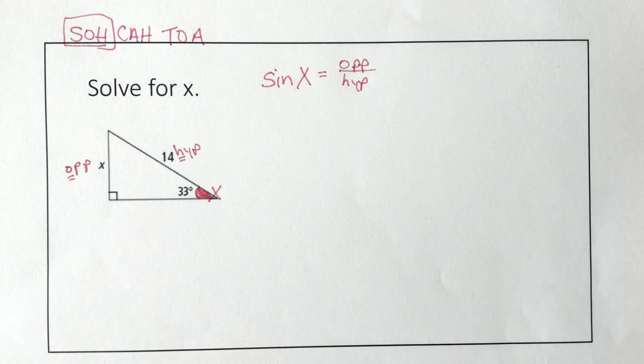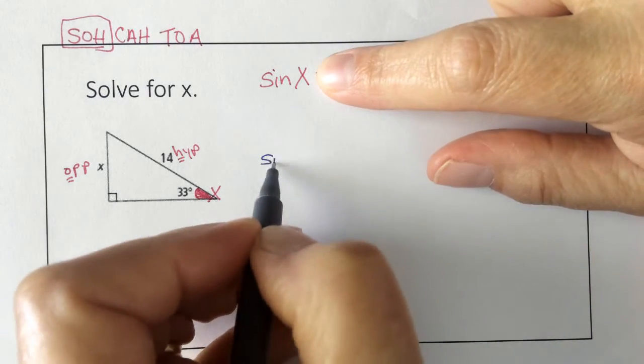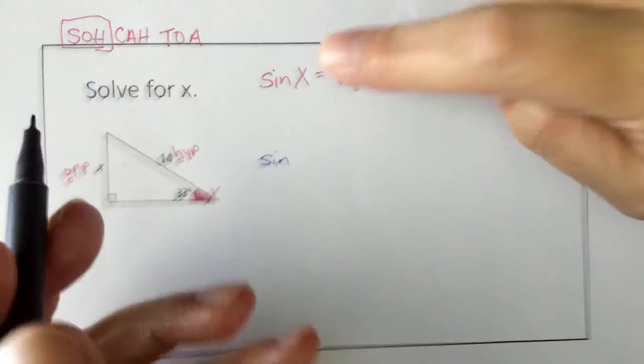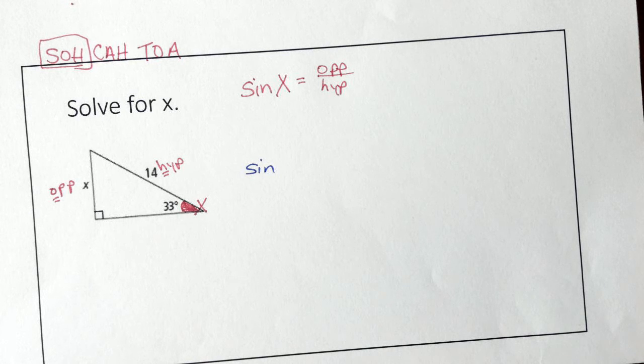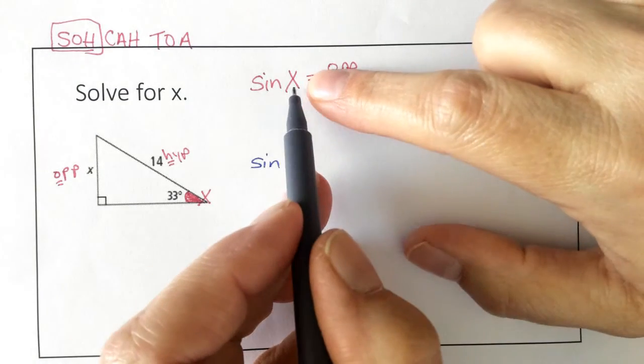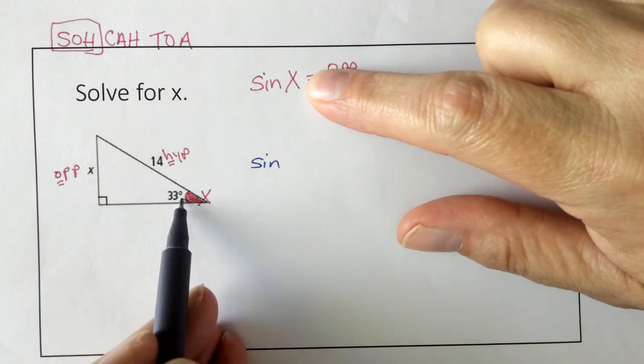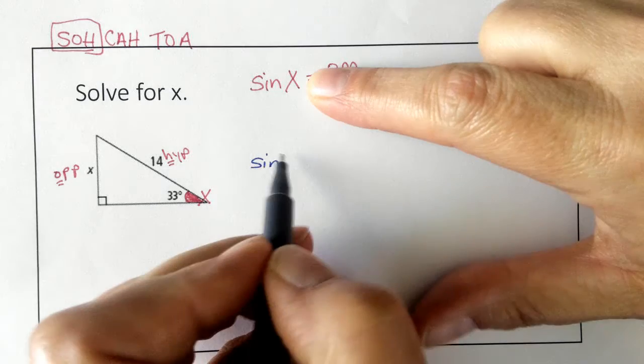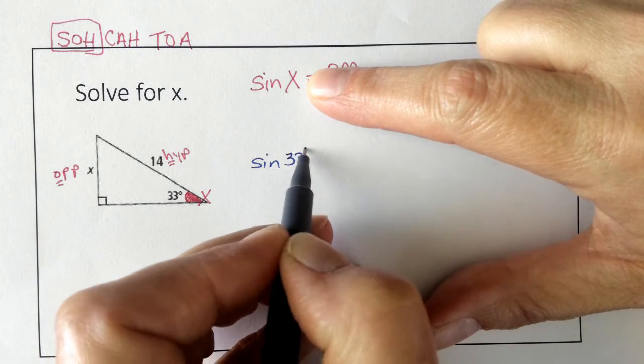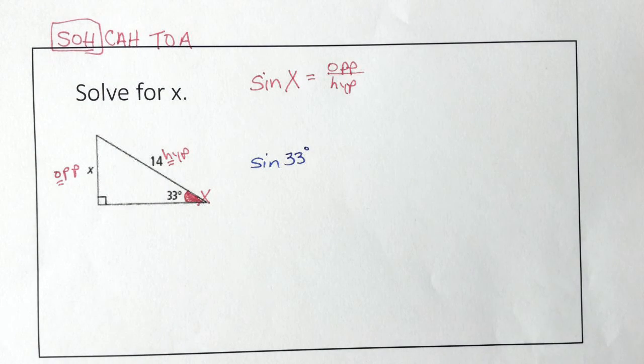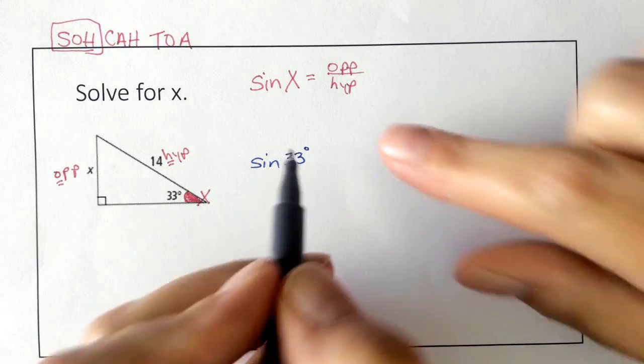You go for it. So sine is actually a function. It does something, just like addition sign does something, a square root symbol does something, sin does something to an angle. So that's really just a symbol. X is the angle. That's the 33 degrees that we were given. So I need 33 degrees to be my input for the function sine.